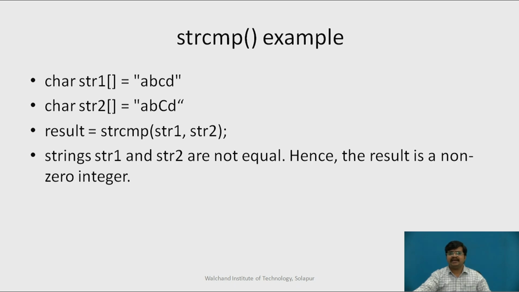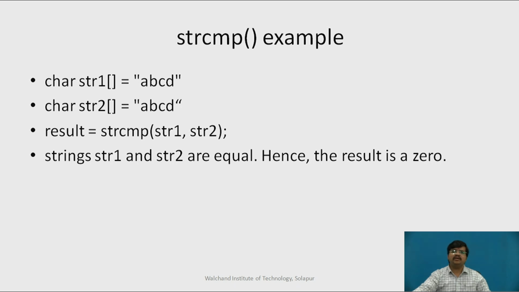In str1, C is in small case, and in str2, C is in capital case. If we compare, both C's are different. So here string 1 and string 2 are not equal. Hence the result is a non-zero integer.